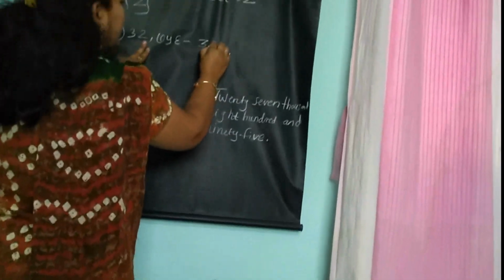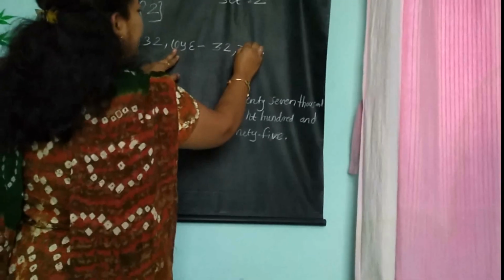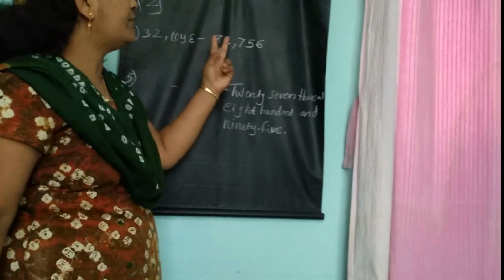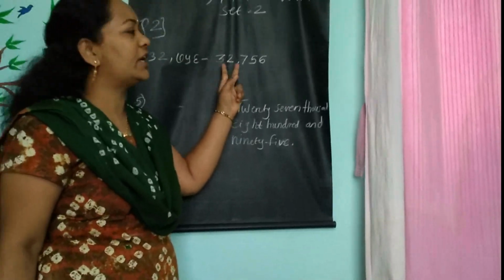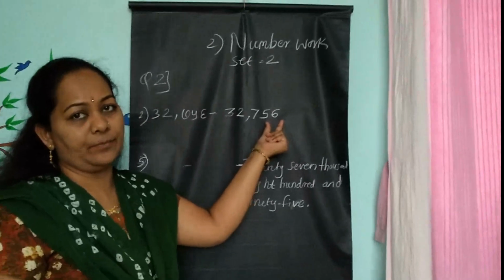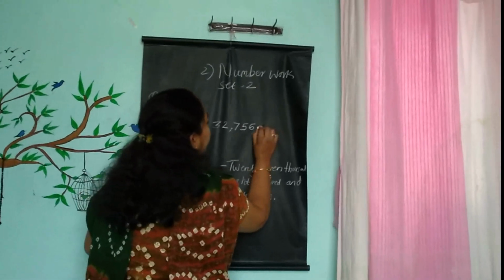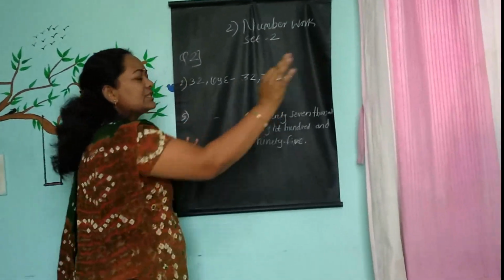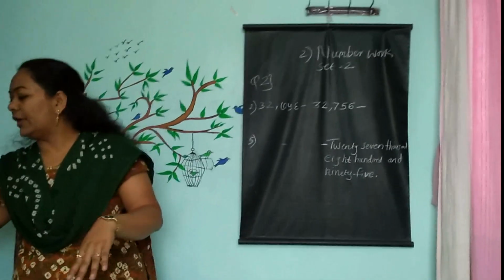This 2, 7, 5, 6. So the number becomes 32,756. And the same number you have to write in words. So for writing in words, you have to write the number spellings in a proper way.